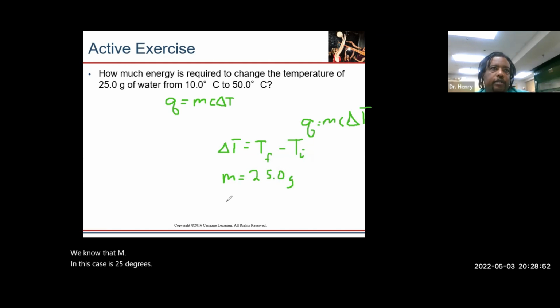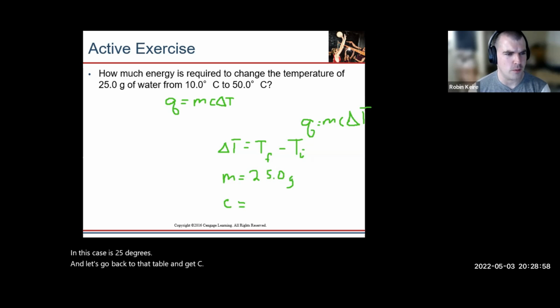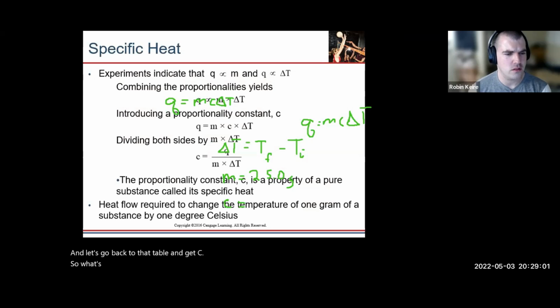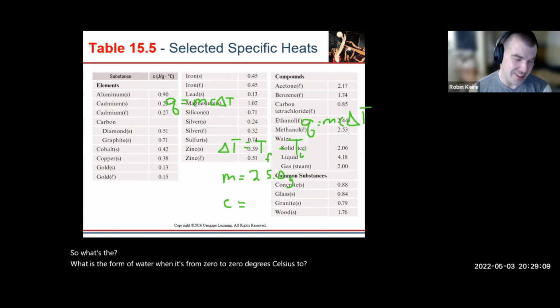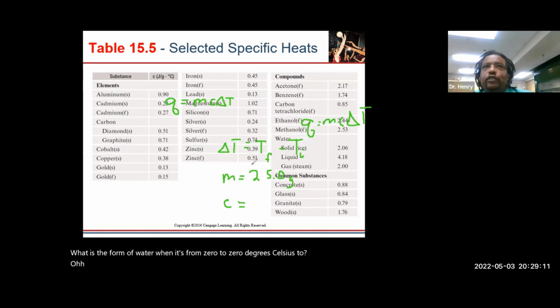And let's go back to that table and get C. What's the form of the water? When it's from 0 degrees Celsius to... Oh, I see. Yeah, so that's why you need to pay attention to the temperature.